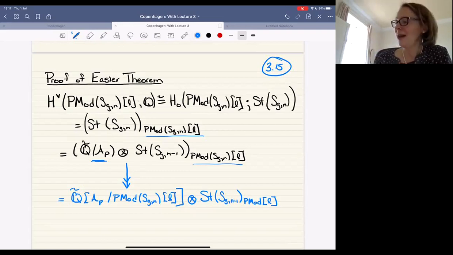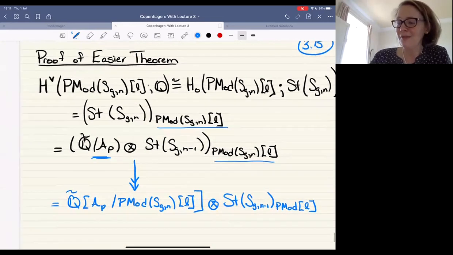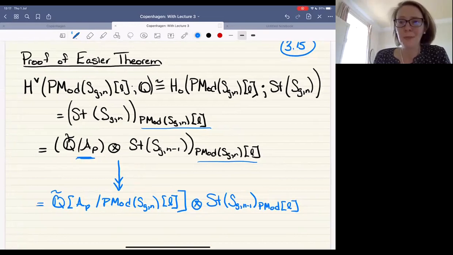On the right-hand factor, we need to be a little careful about our indices. We've got an n here and an n-1 here, so I'm just acting via the forgetful map.